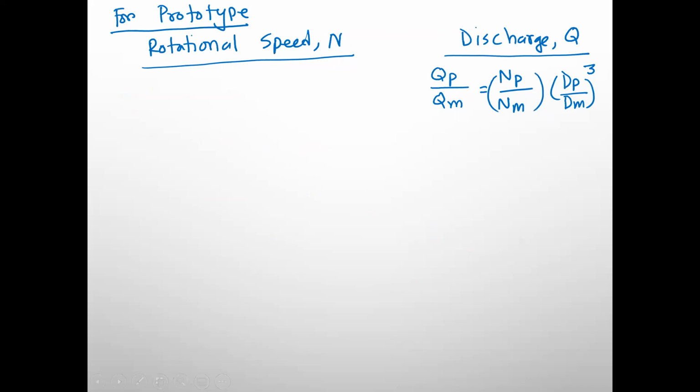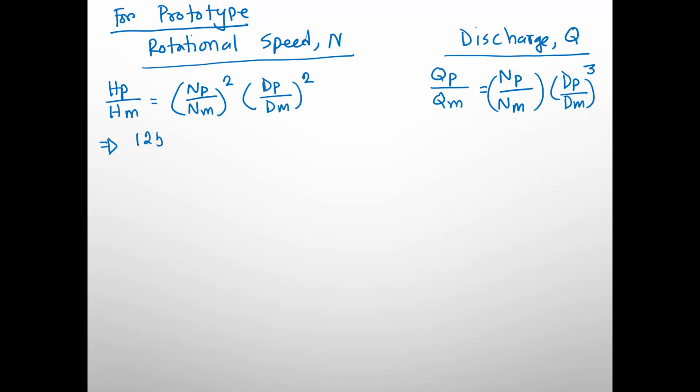Let's write that down. So the rotational speed is HP over HM equals NP squared over NM squared times dP squared over dM squared.